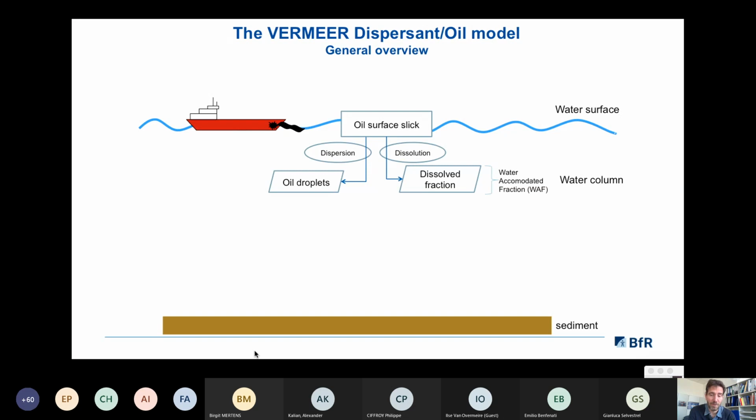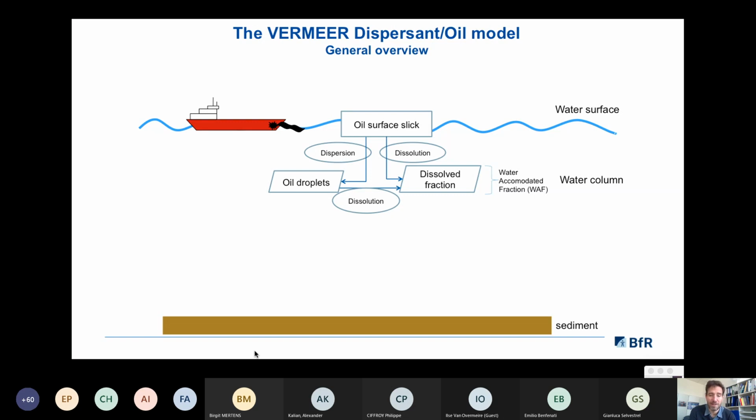Another phenomenon which is observed is the dissolution. So you have some parts, and this of course depends also on the compounds, on the solubility of the compound. They will dissolve in the water phase. And so you have some part of the oil that will be a dissolved fraction. And of course, you also have the dissolution from the oil droplets.